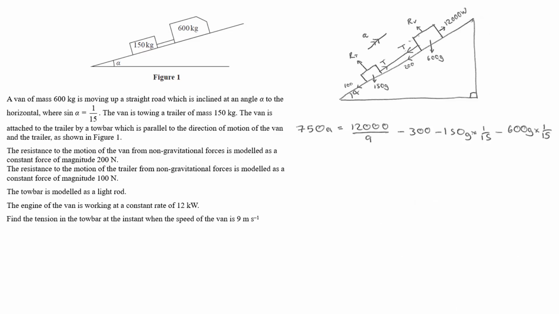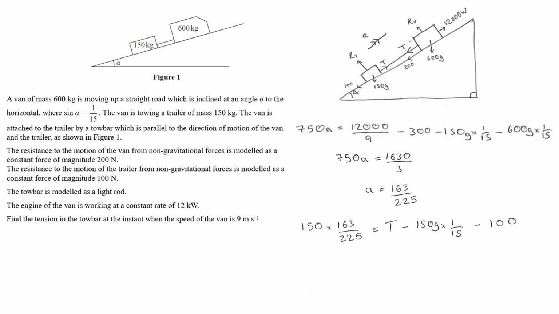The equation of motion is the driving force, take away the sum of the two resistances, 100 and 200, take away the parallel components of the two weights of the van and the trailer, simplified it, and I got a is equal to that.